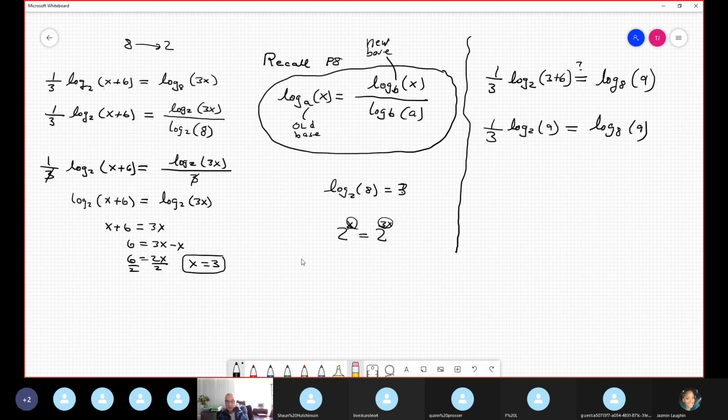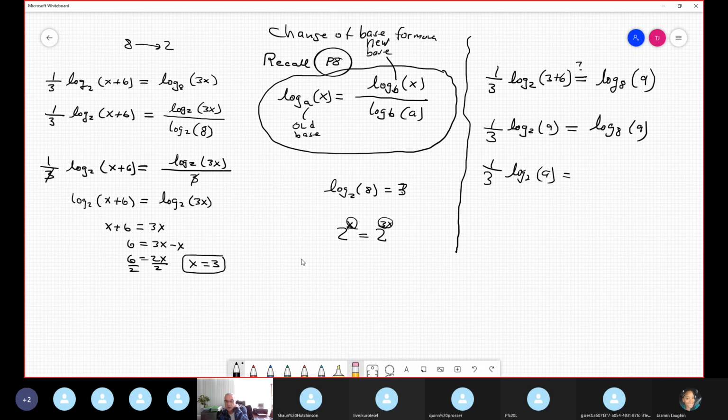To compare this logarithm one more time, we're using property number 8, the change of base formula, like I did before.